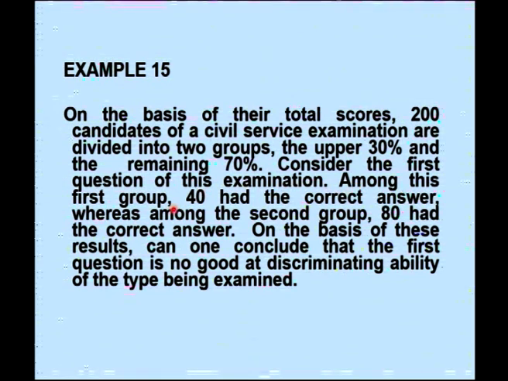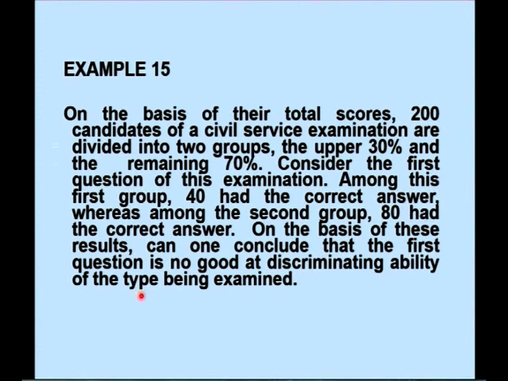Among this first group, 40 had the correct answers, whereas among the second group, 80 had the correct answer. On the basis of these results, can one conclude that the first question is no good at discriminating ability of the type being examined? Okay. Let us see how this problem goes.